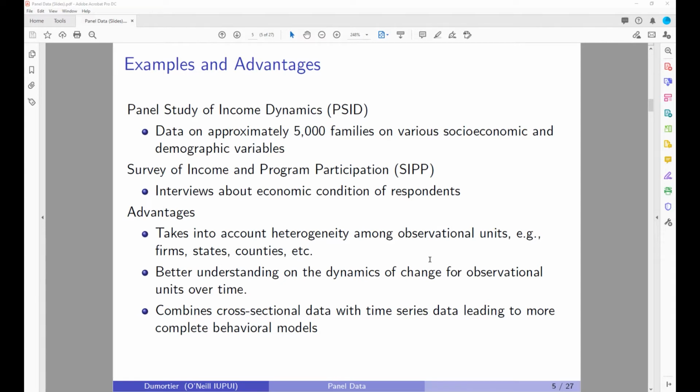And note that the advantages of those panel data sets are the following. You can better understand the dynamics over time of a particular individual, of a particular unit of observation, and you can also tease out the heterogeneity or the differences among observational units. And again, it is a combination of cross-sectional data with time series data, leading to more complete behavioral models.